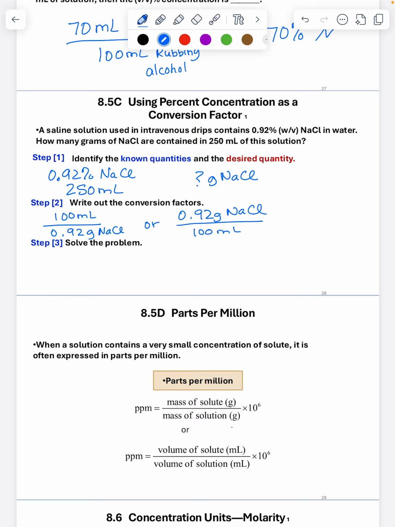And so our given is that we have a 250 milliliter solution. And we want to choose this second conversion factor because we have milliliters on the bottom. So 0.92 grams of sodium chloride. And we know that milliliters cancel, and that's going to lead us to grams. So we just need 2 sig figs here. So this solution contains 2.3 grams of sodium chloride.